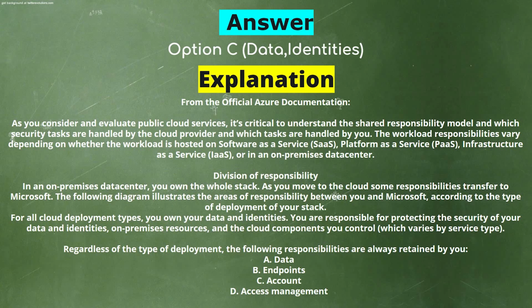You are responsible for protecting the security of your data and identities, on-premises resources, and the cloud components you control, which varies by service type. Regardless of the type of deployment, the following responsibilities are always retained by you. A. Data. B. Endpoints. C. Account. D. Access management.